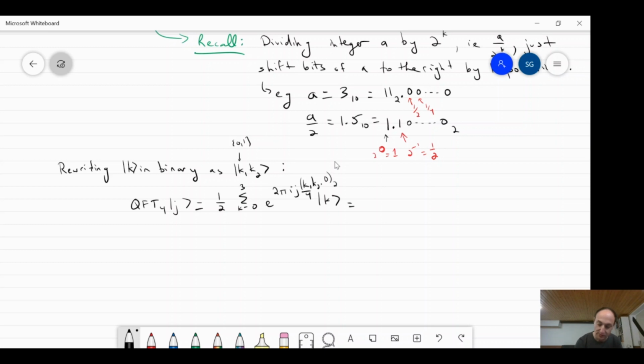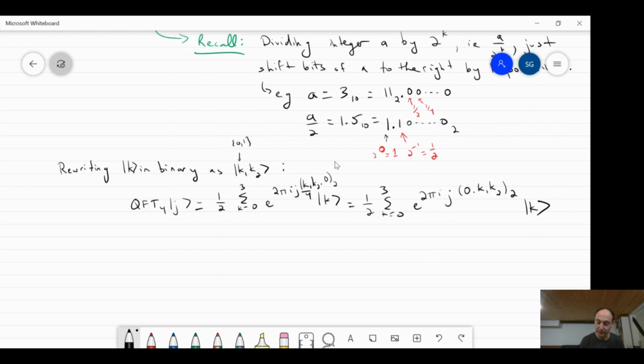I could always rewrite k that way in binary. But now I'm dividing by 4, so everything shifts to the right by 2 positions. And so what do I get? I get 0.k1 k2, and then, of course, zeros. So I can always rewrite things that way.